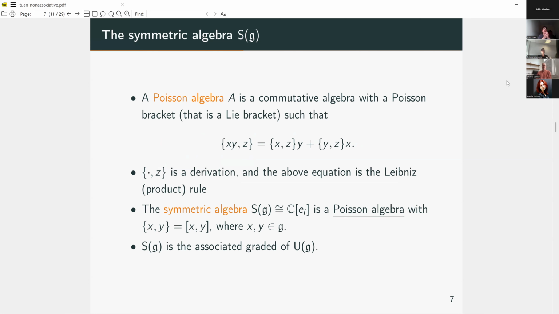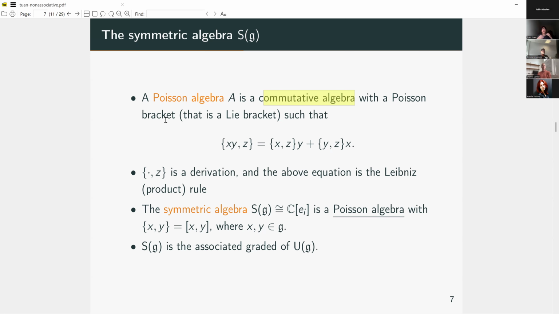So a Poisson algebra A is a commutative algebra with a Poisson bracket, which is a Lie bracket. In particular, it is bilinear, anti-symmetric, and satisfies the Jacobi identity.